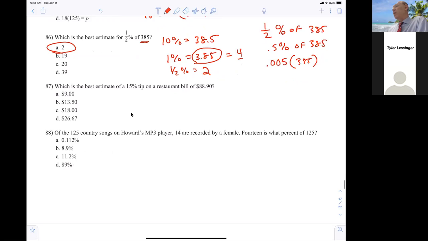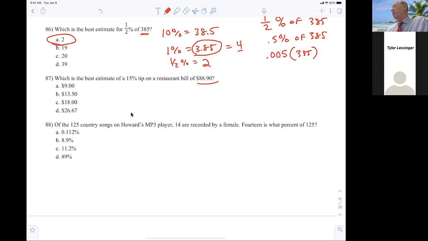All right, so 15%. We're just going to go ahead and round this to about 90, right? So 15% of $90. Now remember, 10% is what? $9.